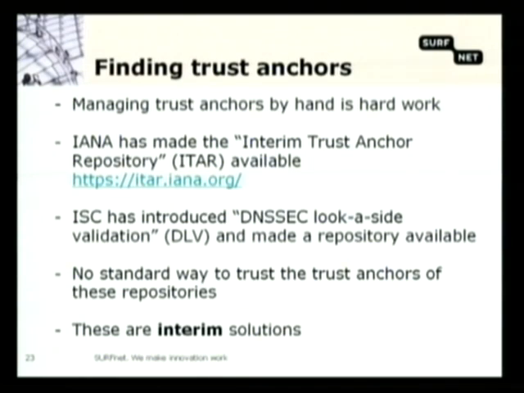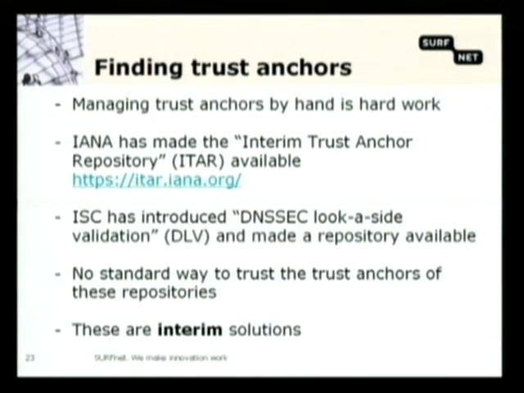And ISC, which are the people behind the BIND name server, have introduced something that they call DNSSEC lookaside validation, and that is actually a repository that you can submit your public key to, and that a resolver can query. I'll tell you a little bit about that in the next slide.